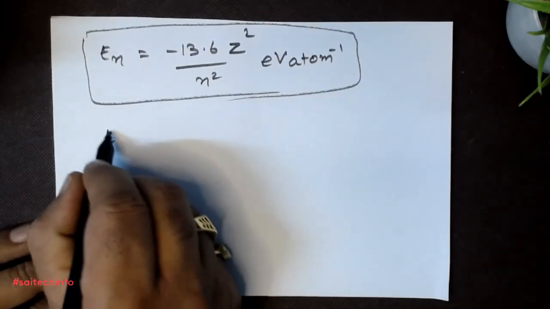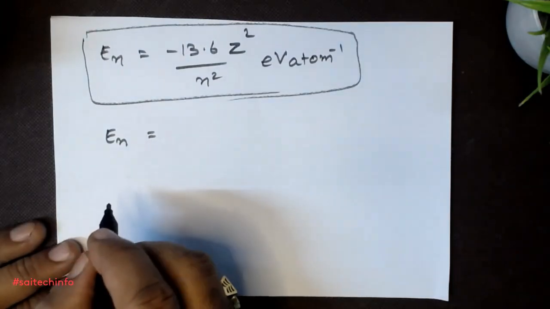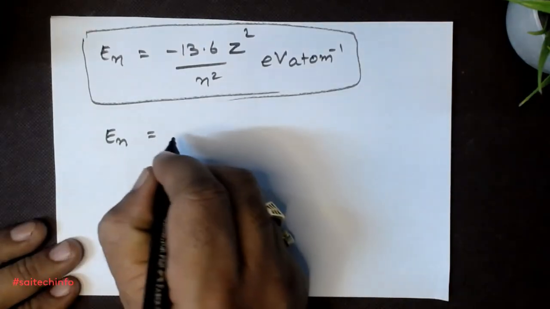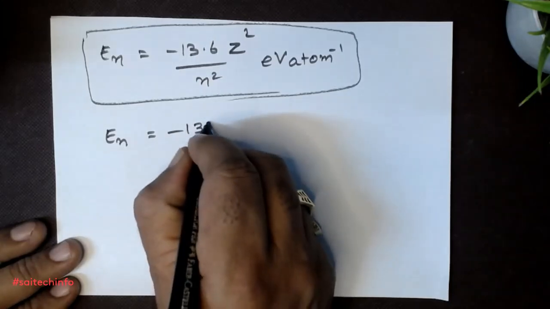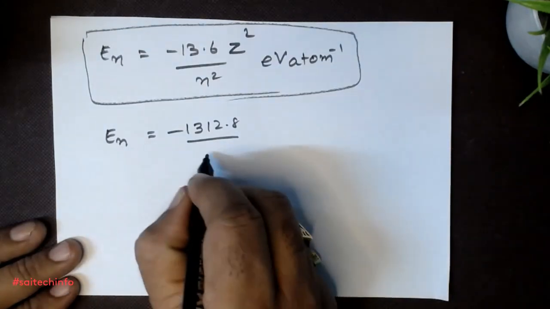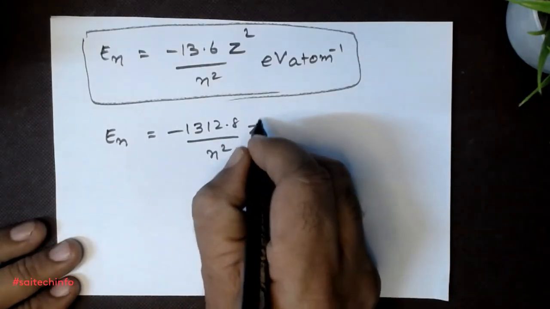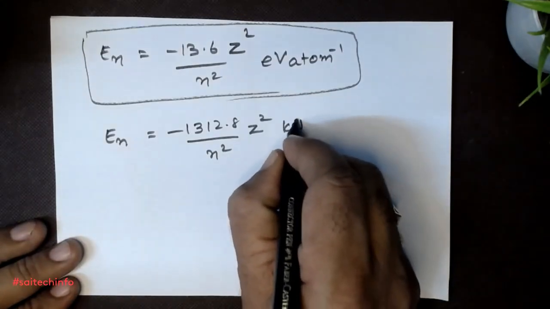That is, the energy possessed by the electron in a particular orbit is given by minus 1312.8 divided by n squared into Z squared kilojoule per mole.